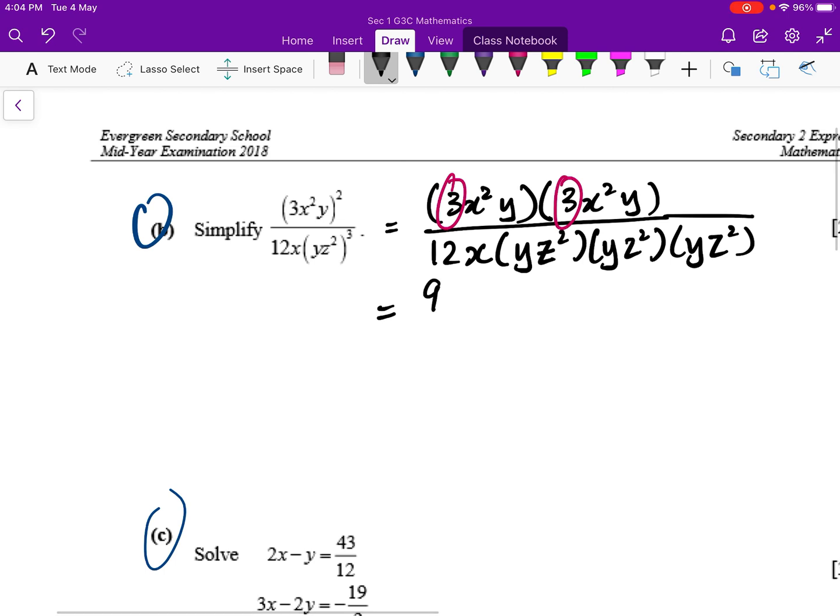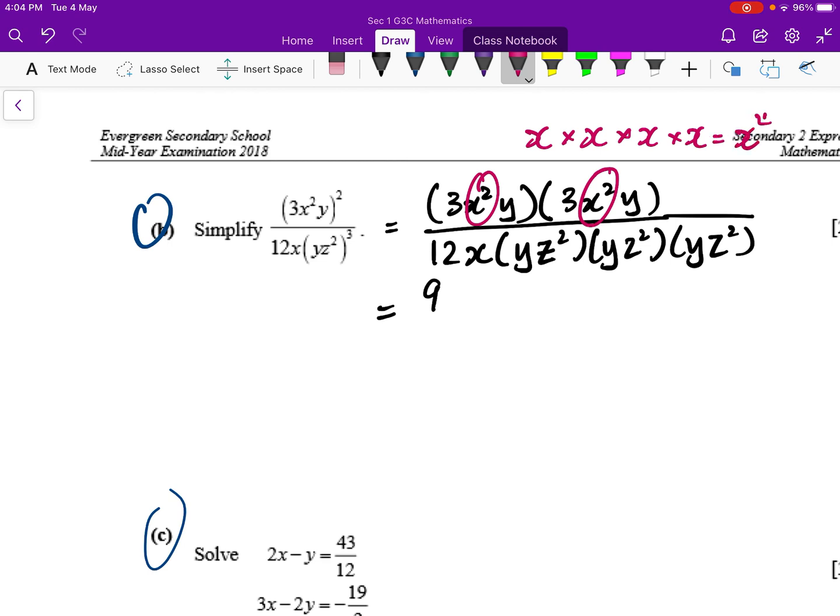Okay, we have settled that already. Now we have x squared multiplied by x squared. X squared multiplied by x squared just refers to x times x times x times x. So we get x power 4. So this gives me 9x power 4, and y times y, definitely you know it is y squared.